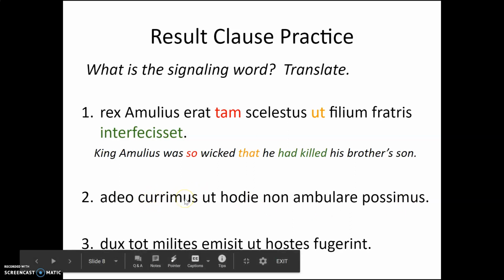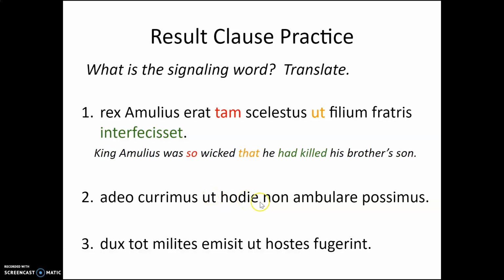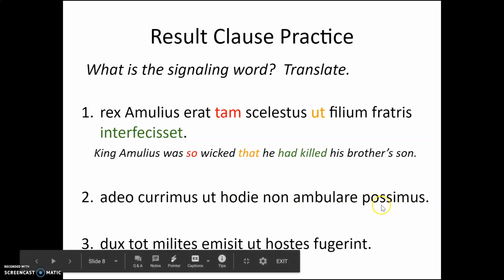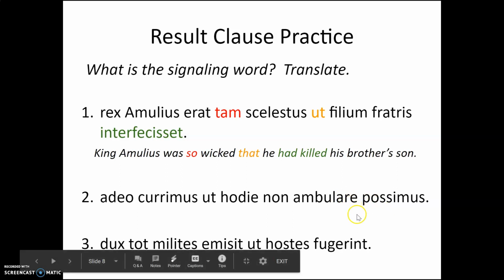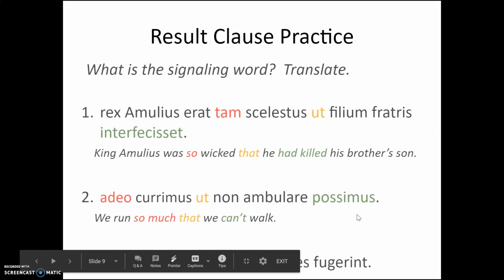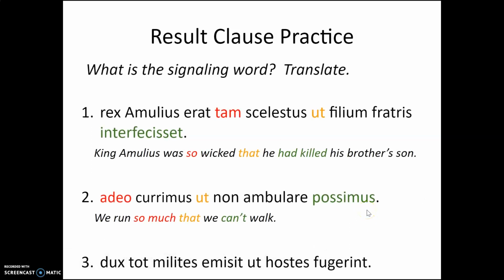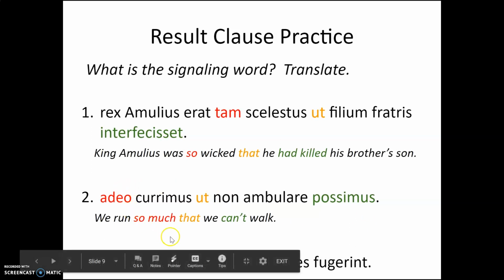Curimus, we run, adeo, so much, ut, that, hodie, today, non ambulare possimus, we cannot walk. So here it is. We run so much that we can't walk.